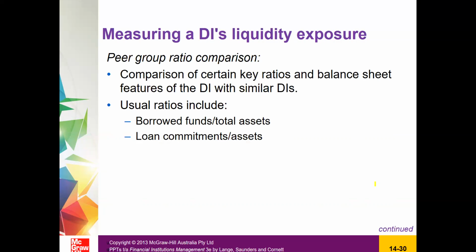Similarly, a high ratio of loan commitments to assets indicates the need for a higher degree of liquidity to fund any unexpected takedowns of these loans. Like high commitment depository institutions often face more liquidity risk exposure than low commitment depository institutions do.